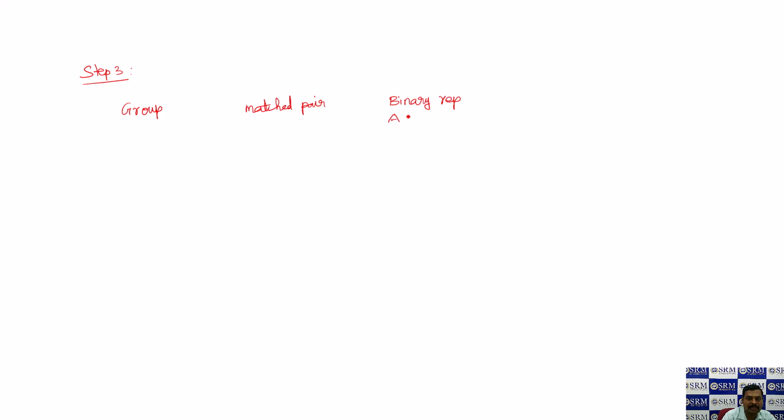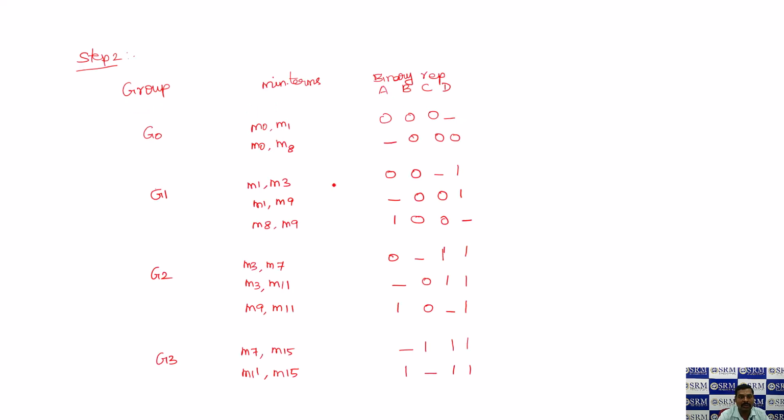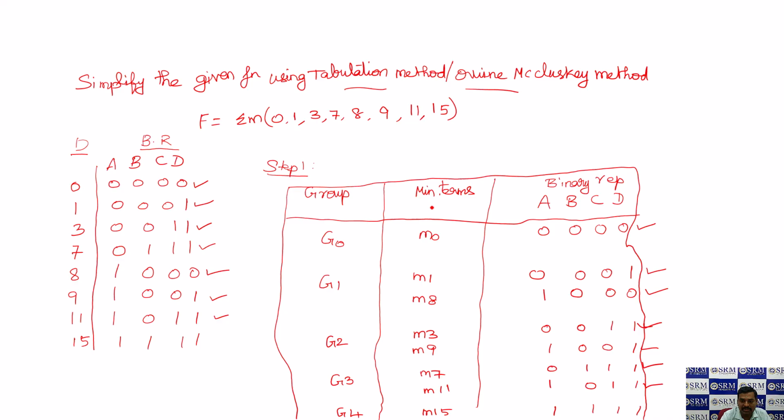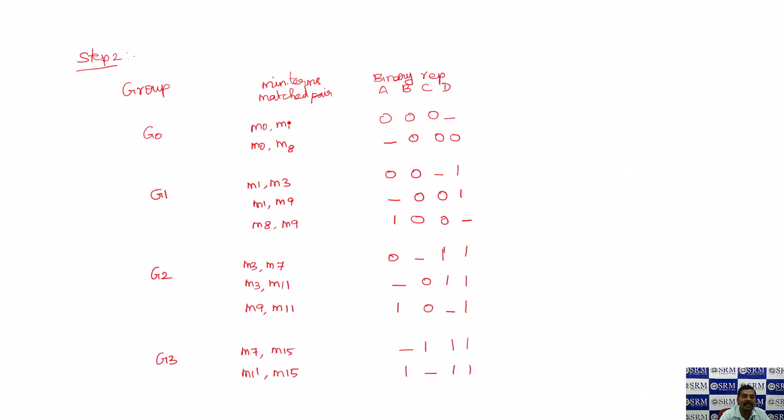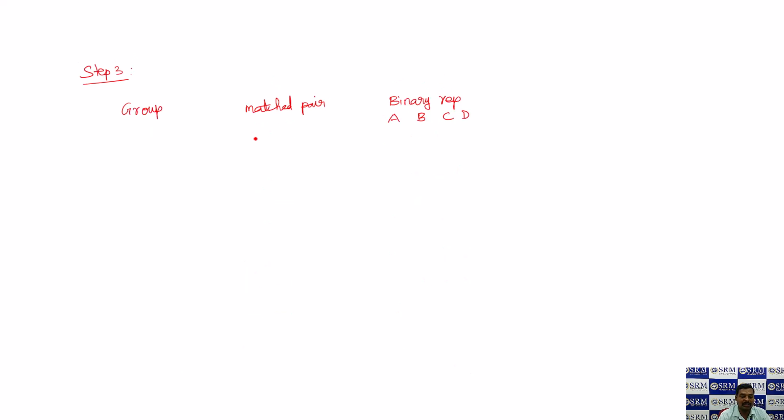The same variables you can use: A, B, C as well as D. Right, in the previous step 2, this is actually a matched pair, because in the first step it's actually minterms, right? So there we are not grouping anything. Of course we are grouping based on the number of bits, right? Whereas here we are combining two groups, so hence we can call it a matched pair, right? So group, matched pair, binary representation A, B, C, D.